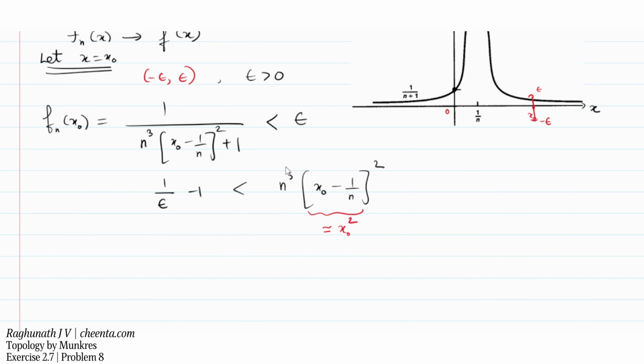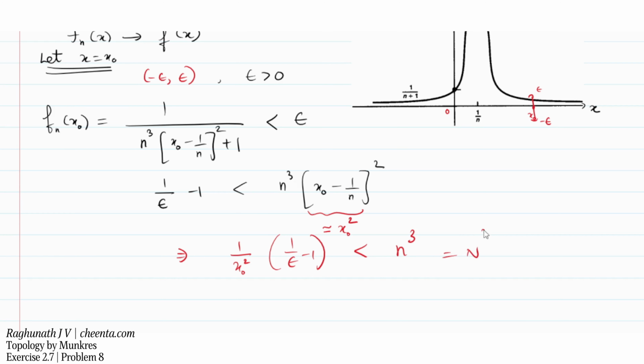And you just keep on increasing n such that 1 by x naught square into 1 by epsilon minus 1 is less than n cube. Since x naught and epsilon are fixed, given to you, I can find an n value such that it is greater than this.